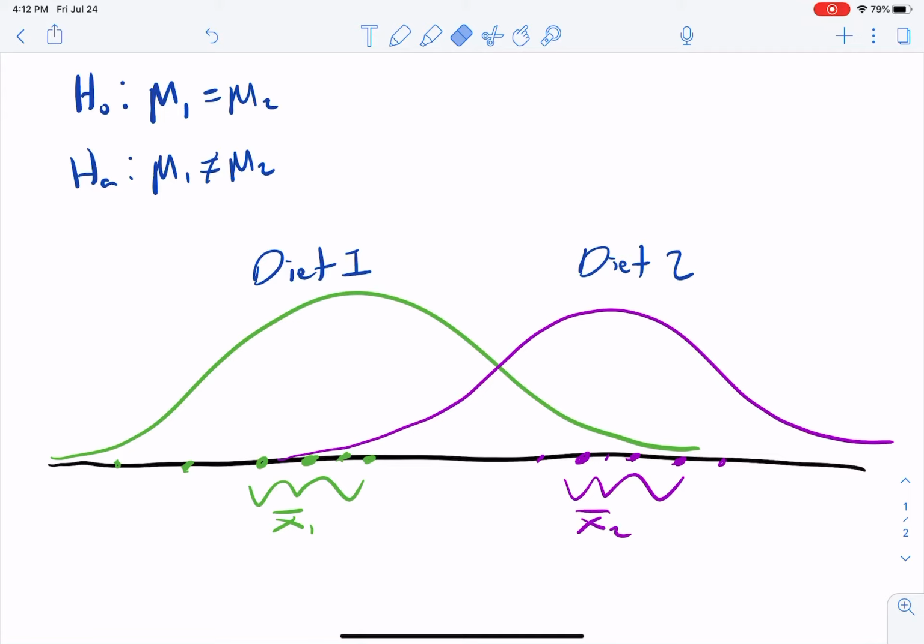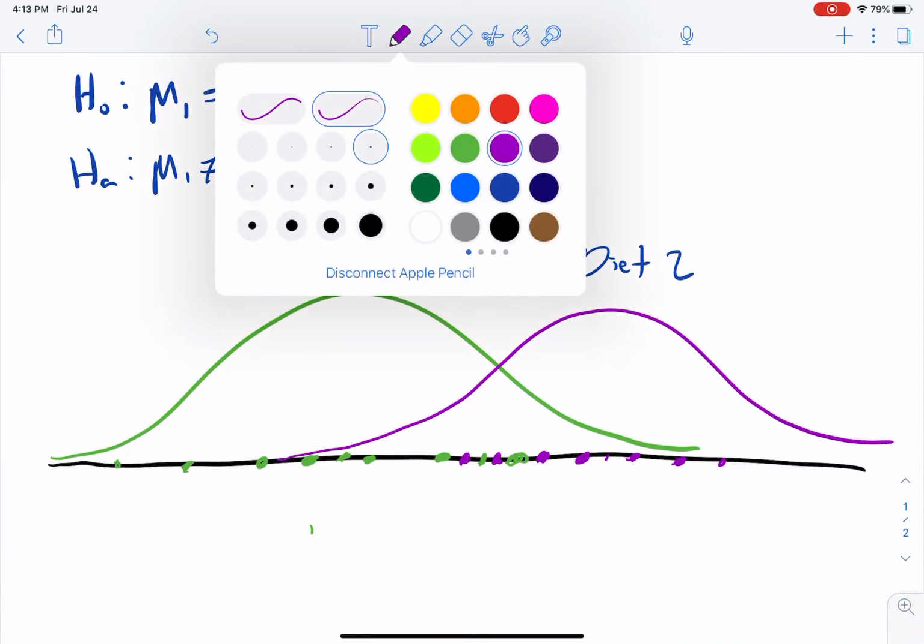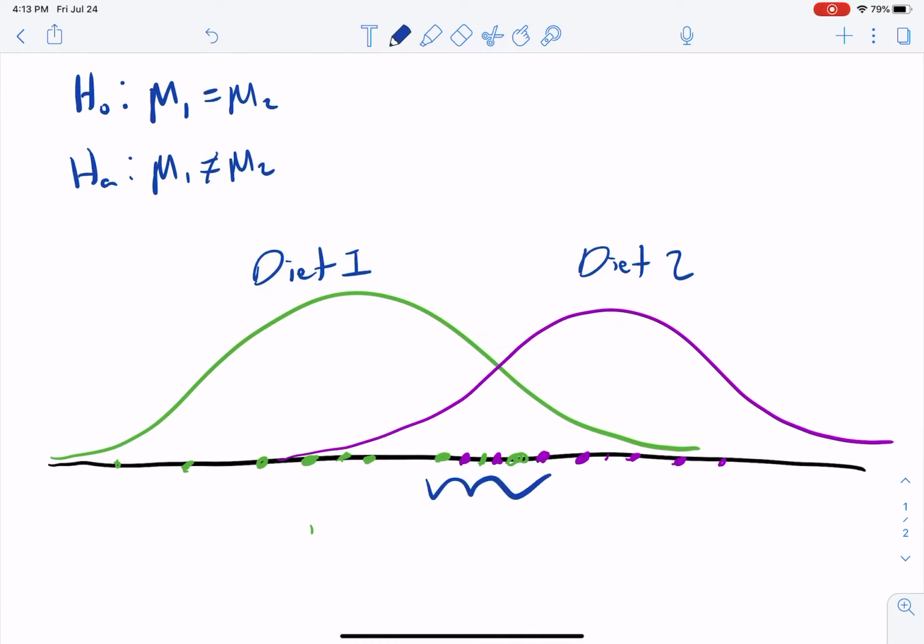They're very far apart. But sometimes it may occur that we sample in this area that overlaps a little bit, like so, right? So in this case, we would incorrectly say that the two distributions are the same.